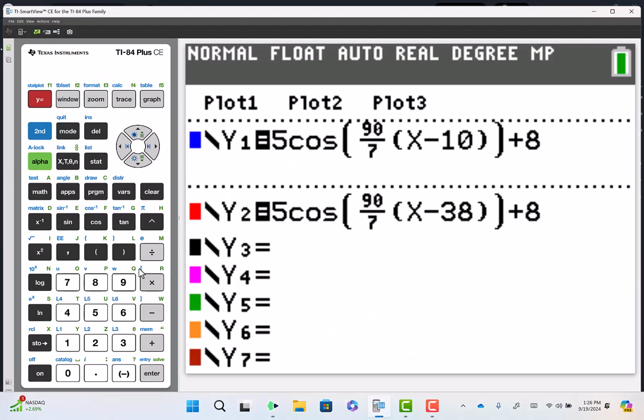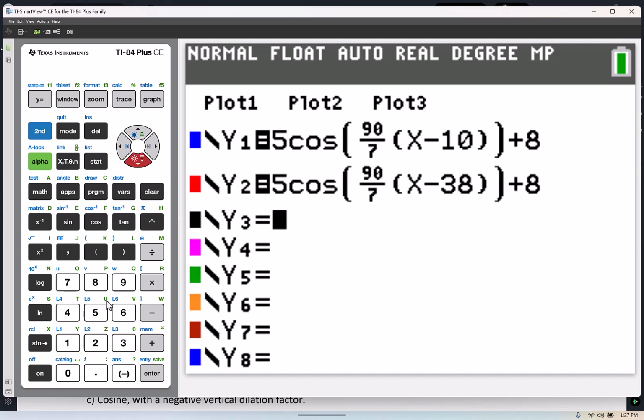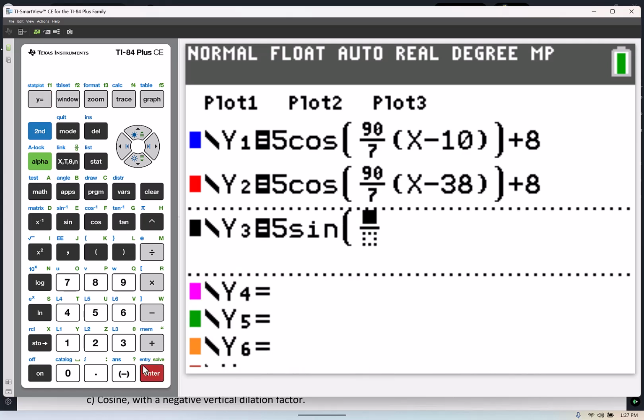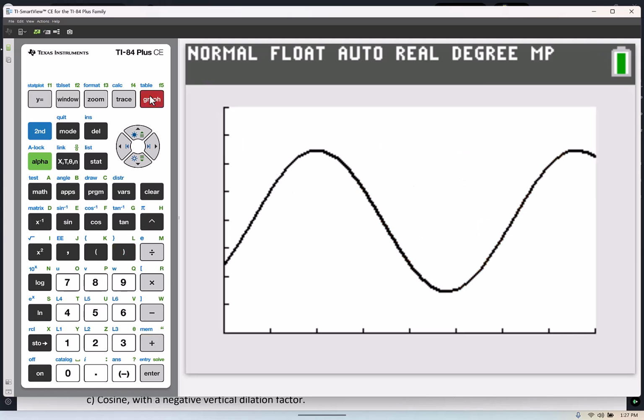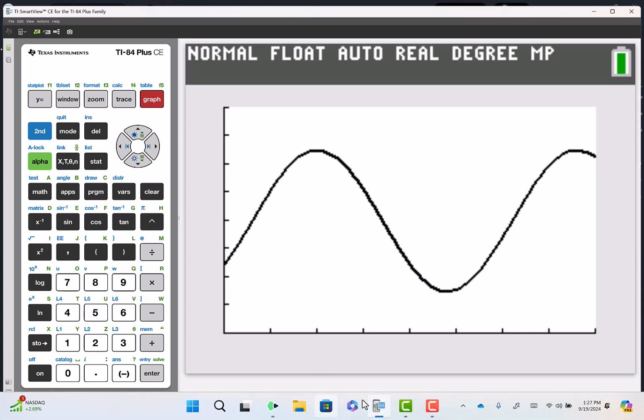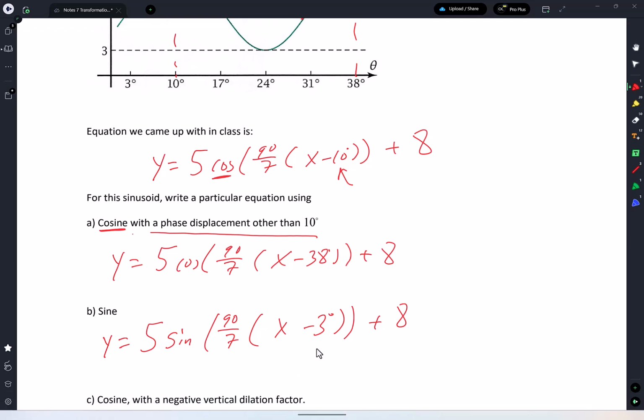Go to my calculator, go to Y3, 5 sine, alpha Y equals, enter, 90 over 7, X minus 3, close, plus 8. This color is going to be black, graph. And look at that. Cool, right? Super cool. All right, don't worry, we're almost done.